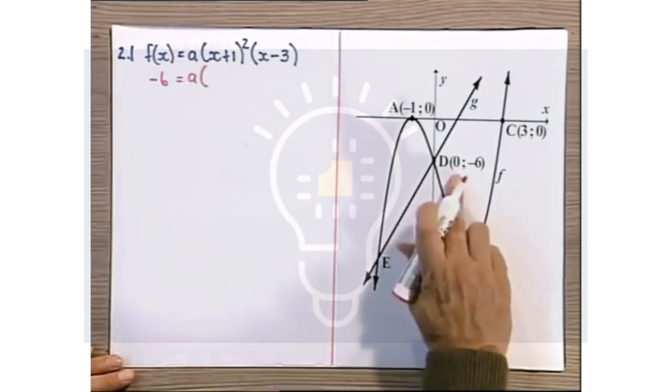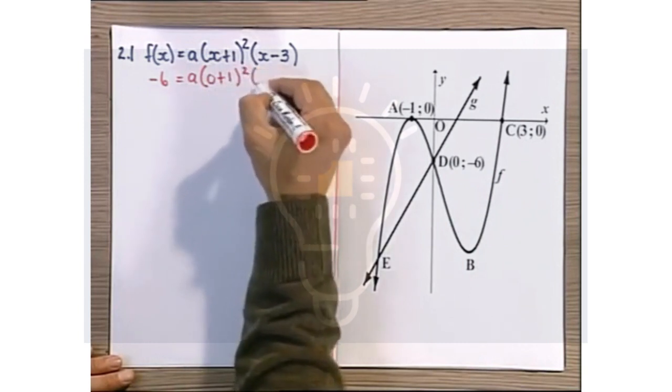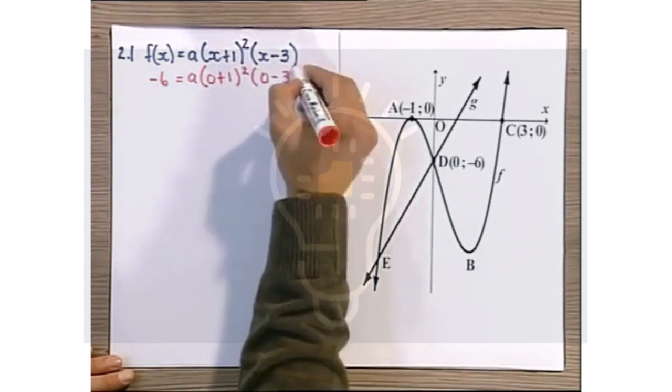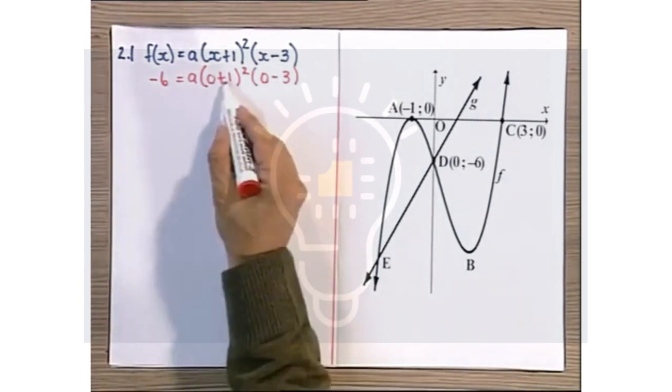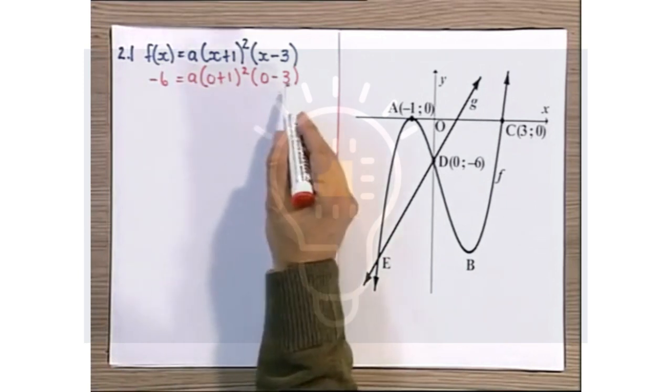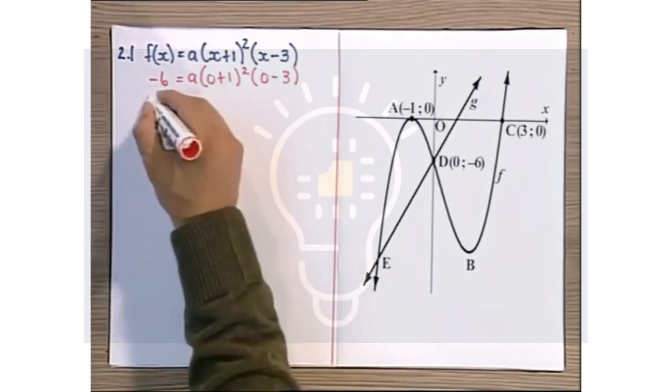What is my x value? There it is: 0 plus 1 squared, and again 0 minus 3. Again, it's just numbers now. We can just work that out. Right? So 1 squared is 1, and that gives you minus 3. Right? Okay, let me rather show that step.